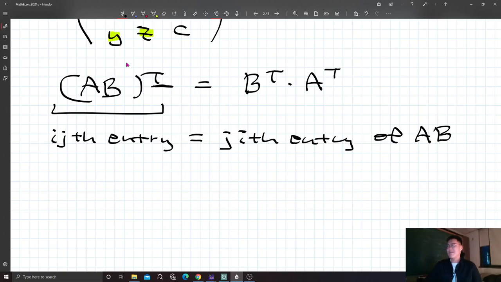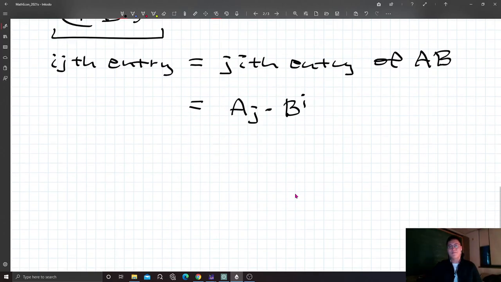Well, what is the jith entry of a product? We know the formula. That is A sub j dot B super i. So it is the dot product of the jth row vector of matrix A and the ith column vector of matrix B.